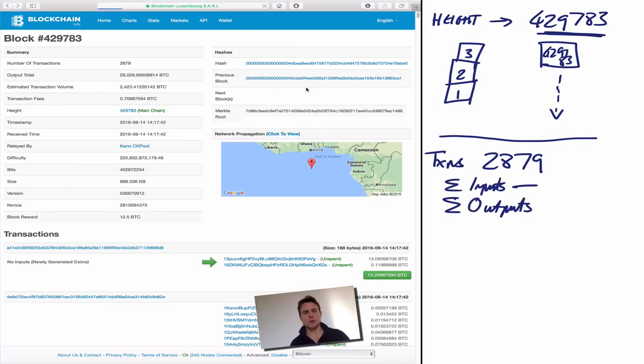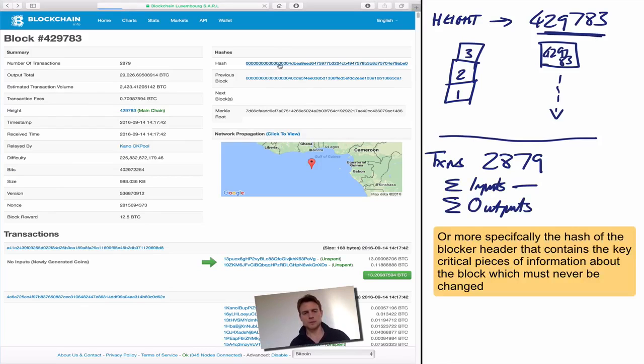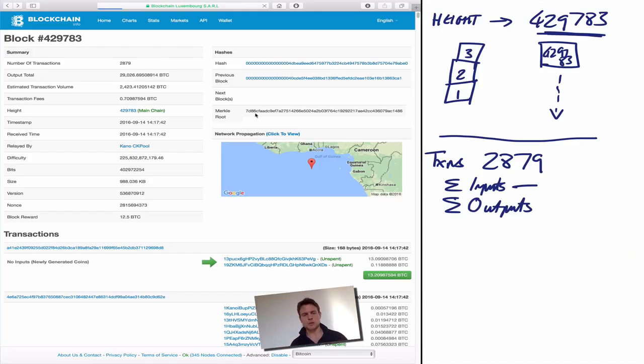Very, very important: the hash of the block. Once all of this block has been put together with key information about it, that block is hashed, or at least the header for the block is hashed, and that is the hash value there. The header for that block includes the hash of the previous block.